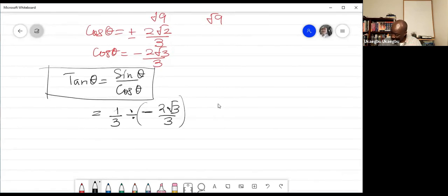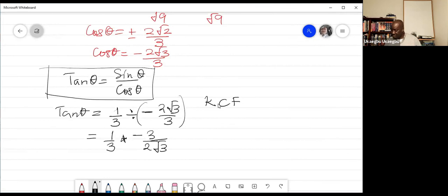Then you still use your keep, change, flip. Tangent of theta is going to be 1 over 3 multiplied by negative, then you flip this one, which is 3 over 2 root 2.